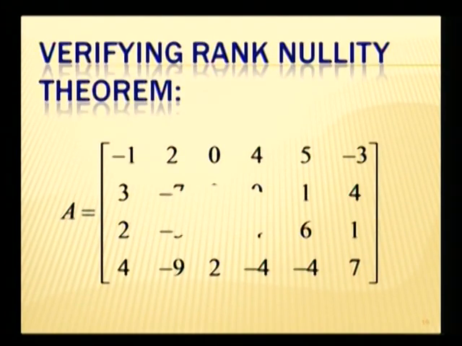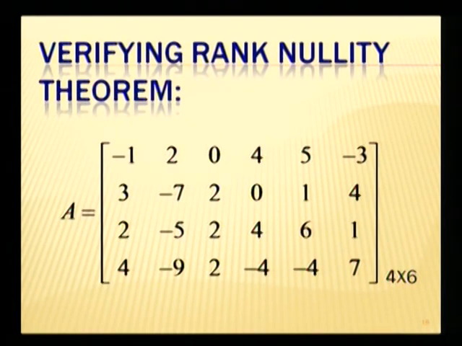Let us verify this theorem for the matrix with 4 rows and 6 columns. See here, since the matrix has 4 rows and we know that the rank of the matrix is the maximum number of linearly independent rows, one thing is sure that our rank should not exceed 4.